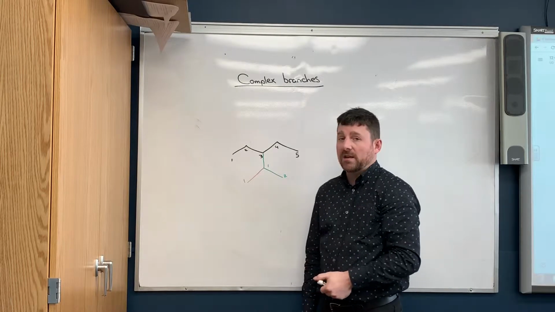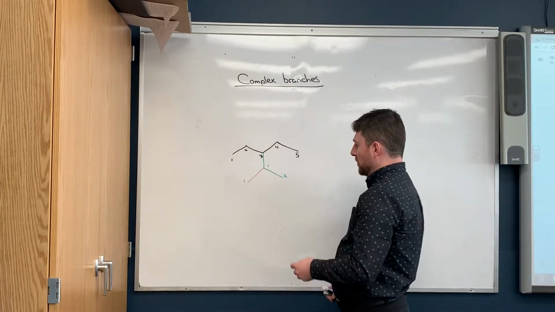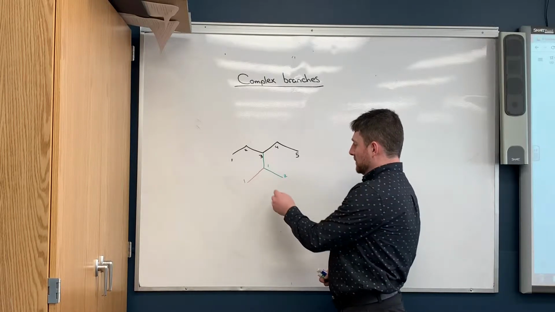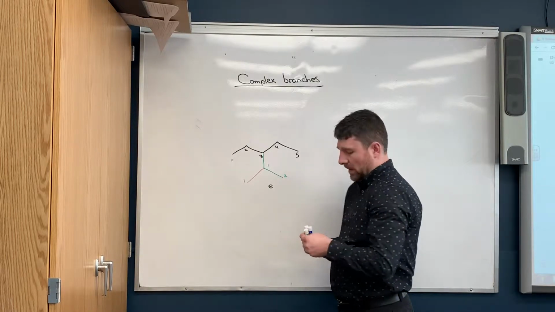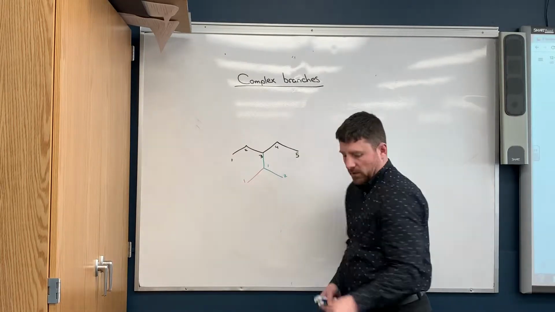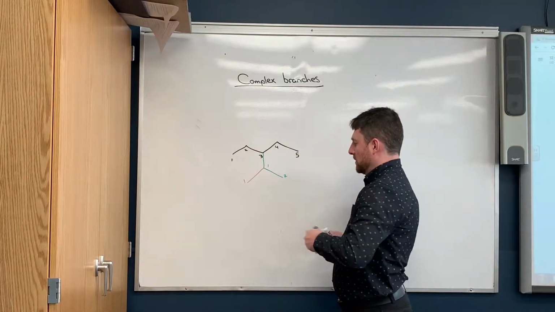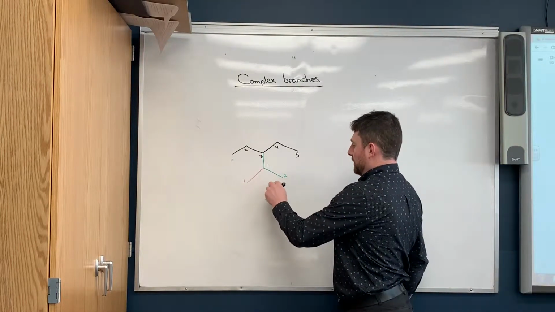So the longest chain in the branch is 2 carbons, and we're going to name that ethyl. We're going to do it in green, so we know which name goes with which branch. So this is ethyl.